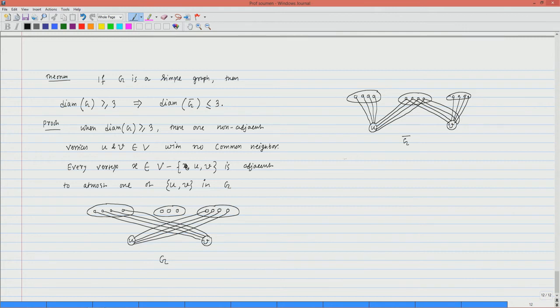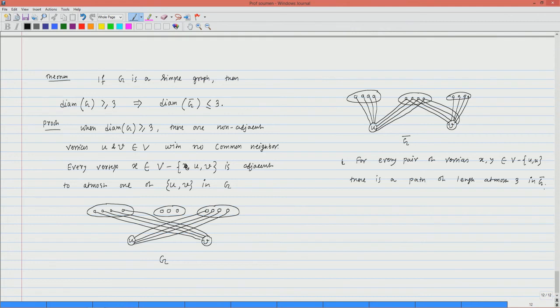Now, we will be able to prove that for every pair of vertices x and y in V minus {u, v}, there is a path of length at most 3 in G complement.